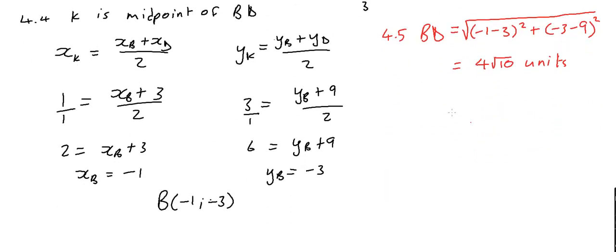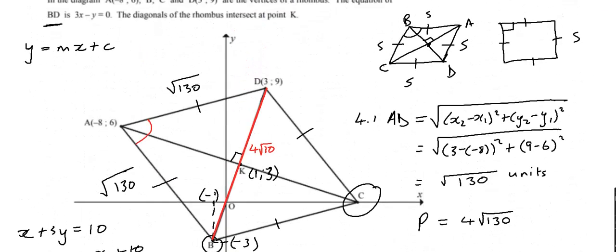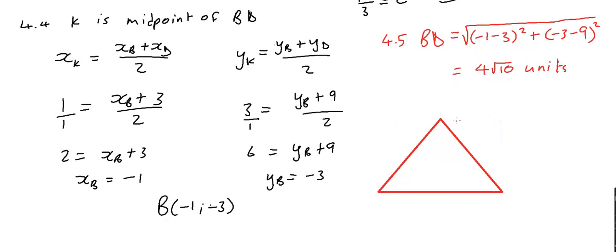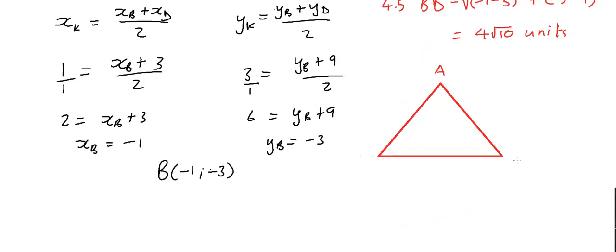Now, I'm going to just draw a triangle randomly and give it these names. We've got A, D, and B. Let's say this is our A, this one is our D, and then this one is our B. We found that AB is the square root of 130, and AD is also the square root of 130. And then BD, we just saw that it's 4 root 10.